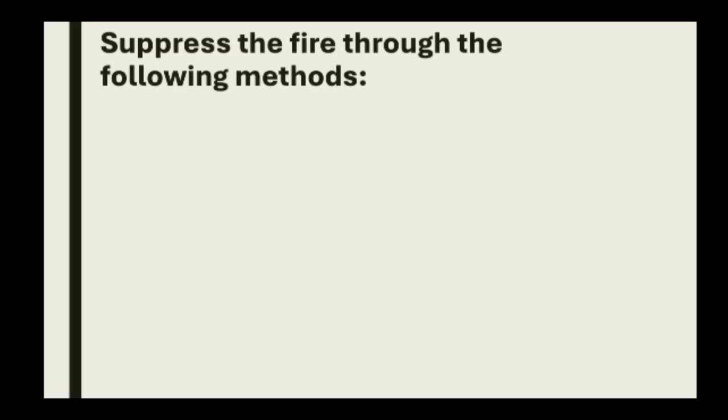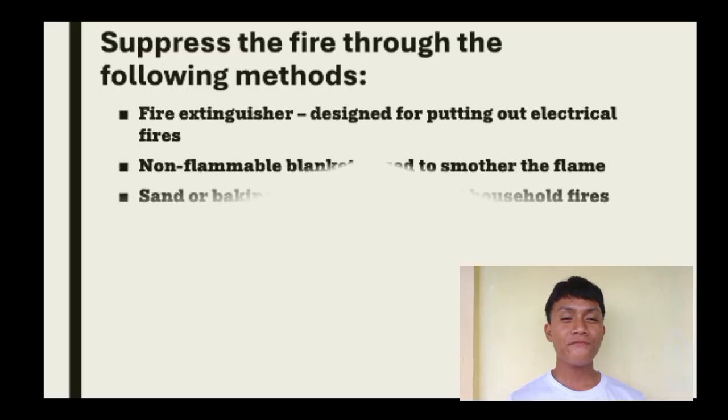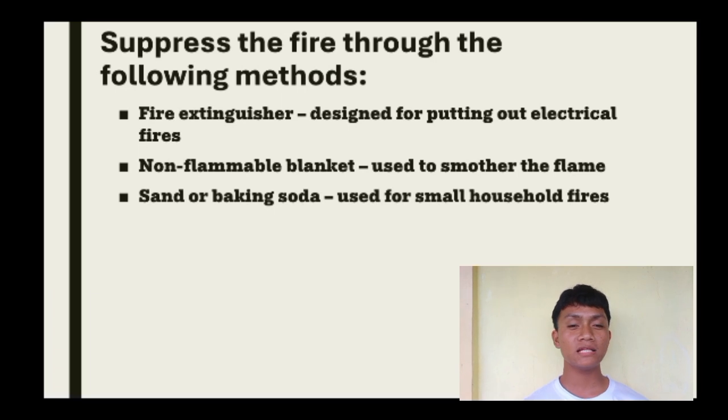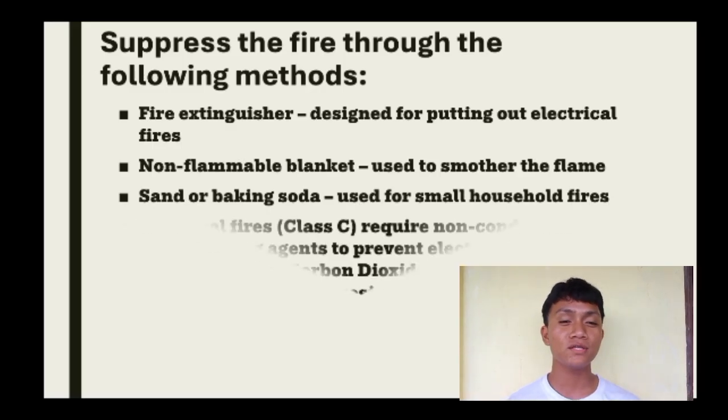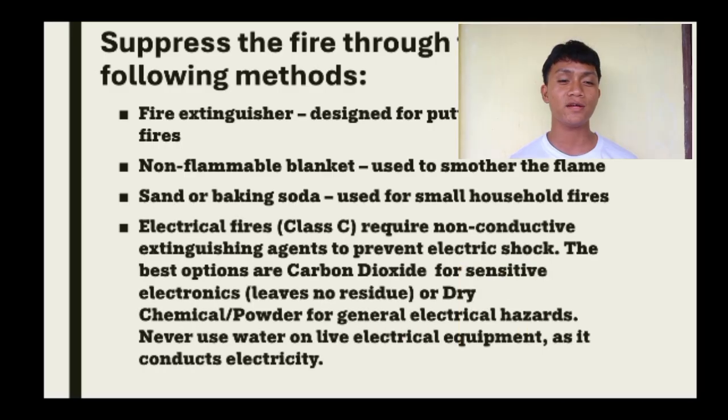Suppress the fire through the following methods. A fire extinguisher designated for putting out electrical fires, a non-flammable blanket used to smother the flame, sand or baking soda used for small household fires.